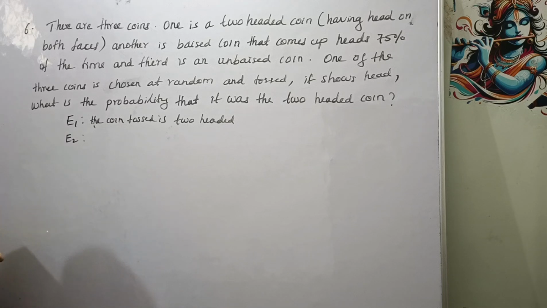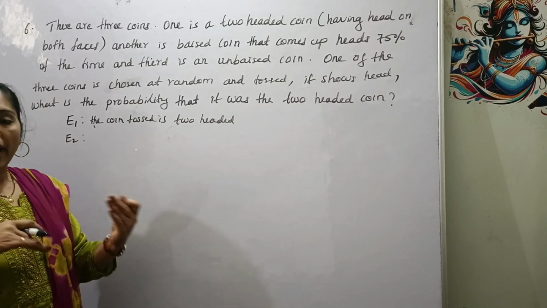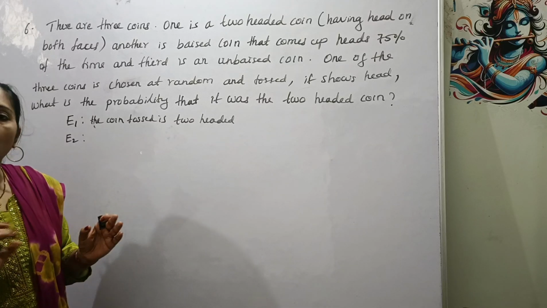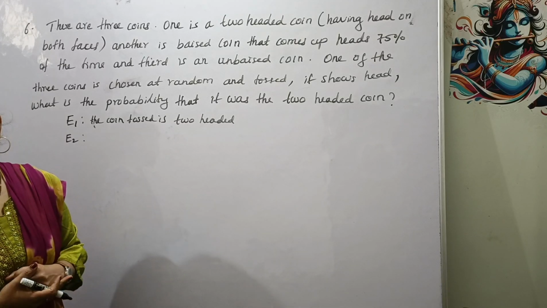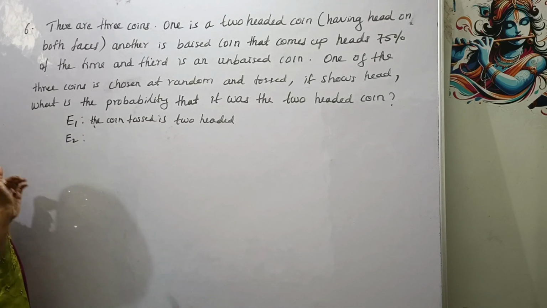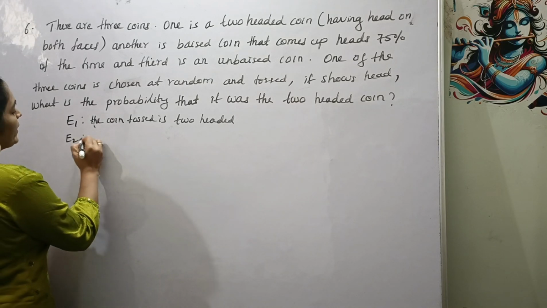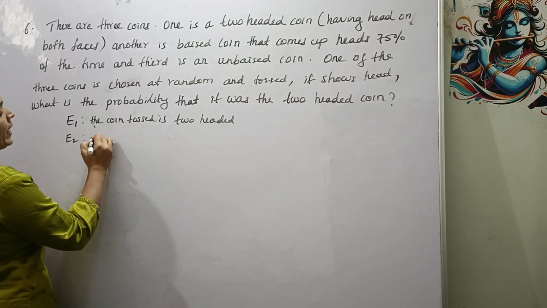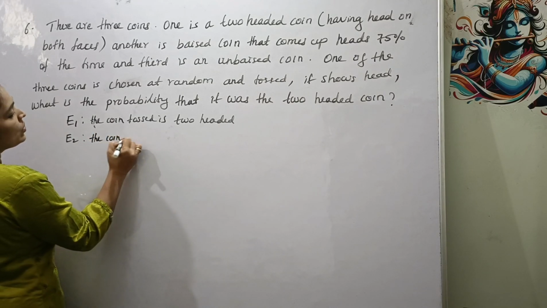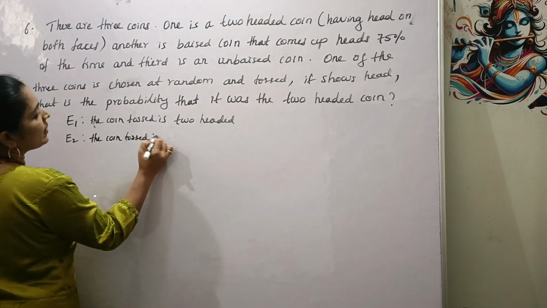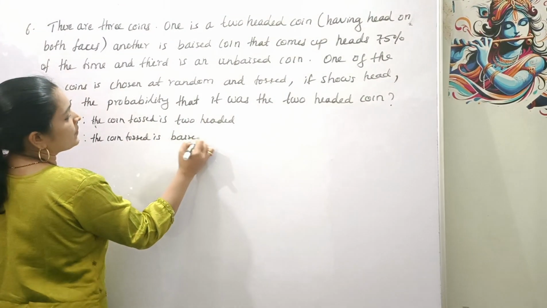The next coin is the biased coin. That is a coin which has either head on both sides or tails on both sides. So such coins are biased coins. Let E2 be the coin tossed is a biased coin.